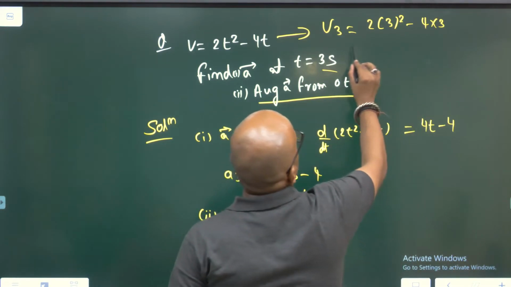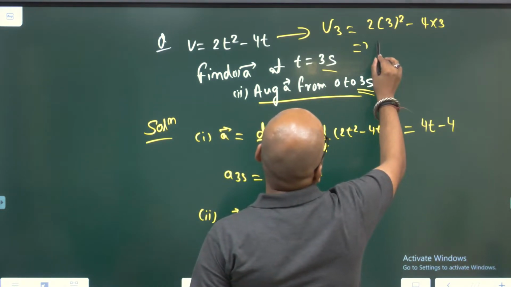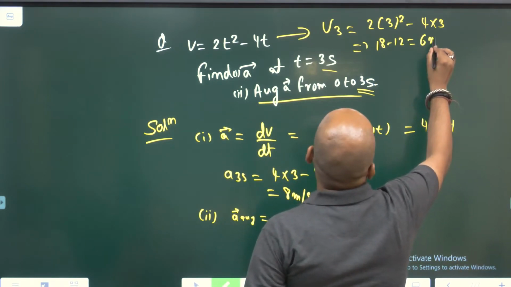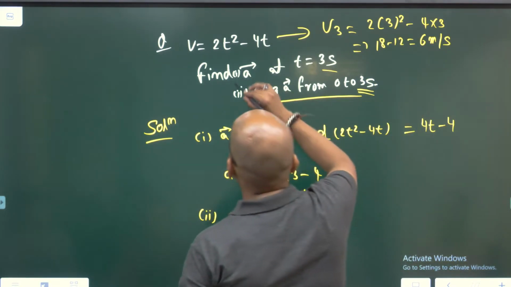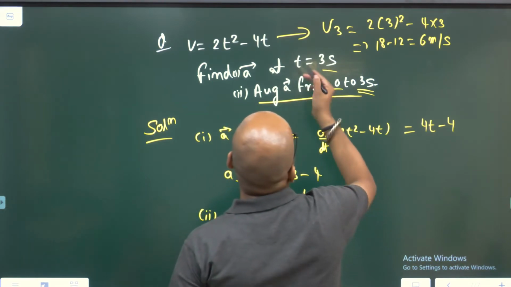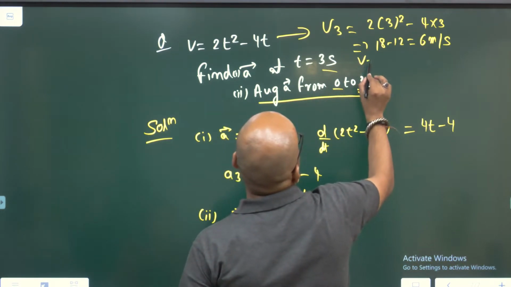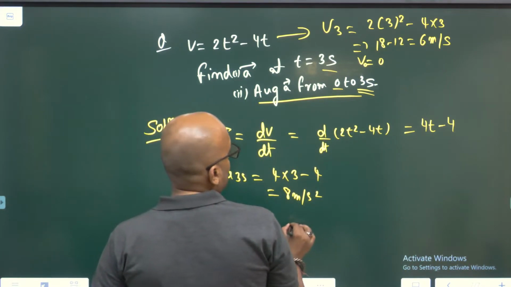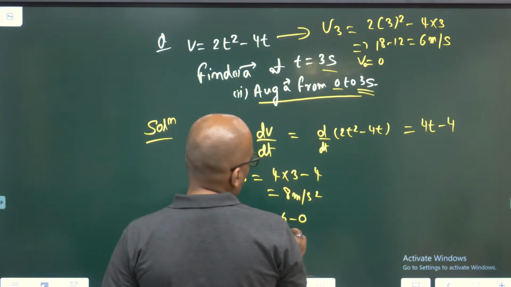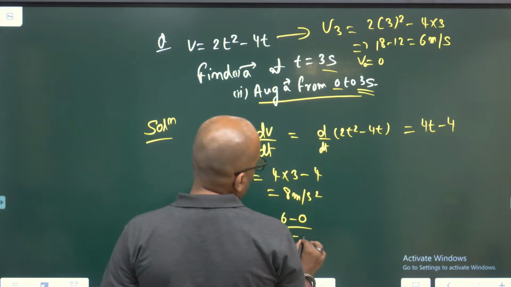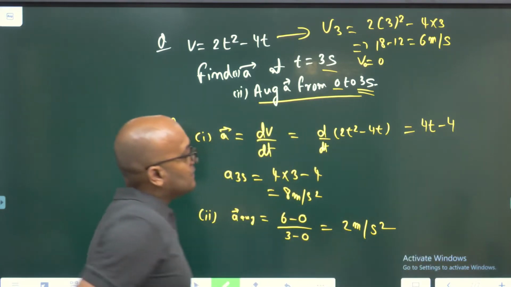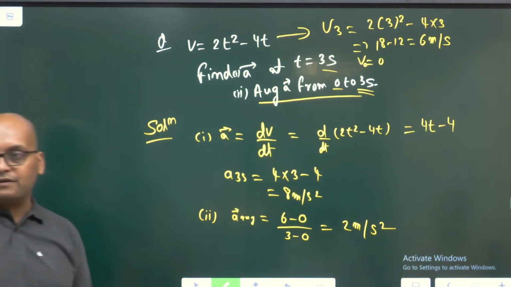So that will be 18 minus 12. So it is 6 meters per second. And what is velocity at 0? It is 0. So 6 minus 0 divided by 3 minus 0. So you will get 2 meter per second square. Understood or not? Yes, sir.